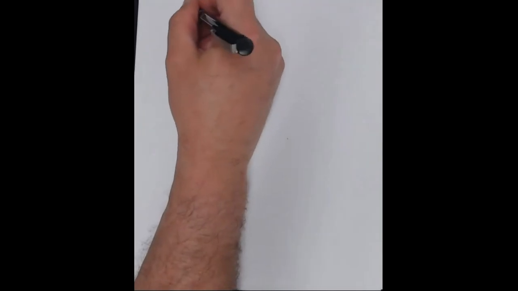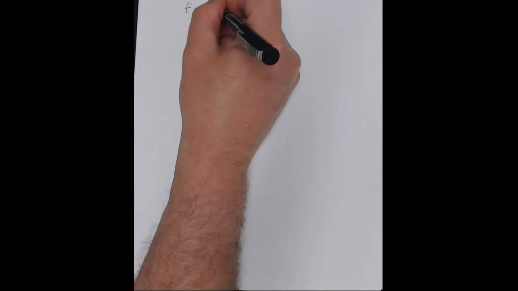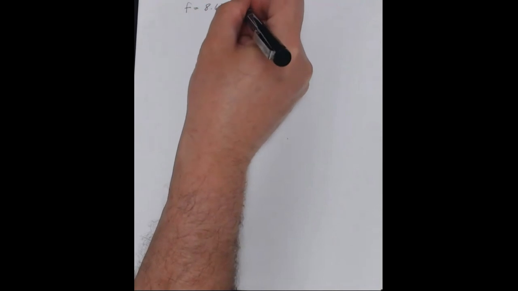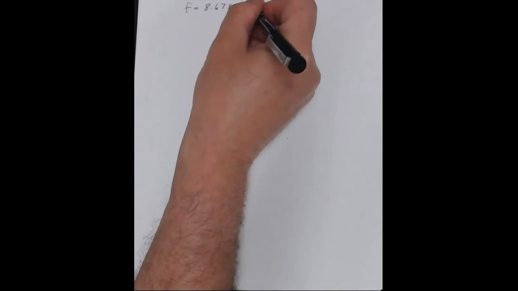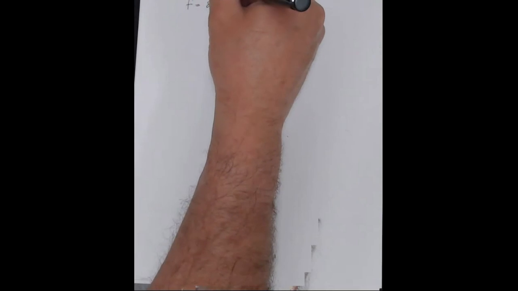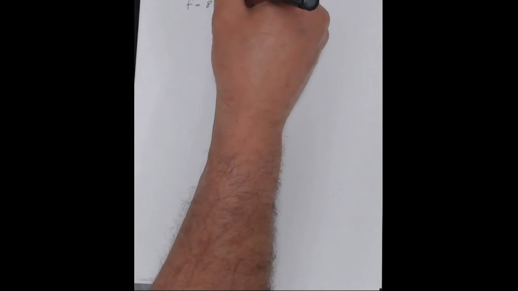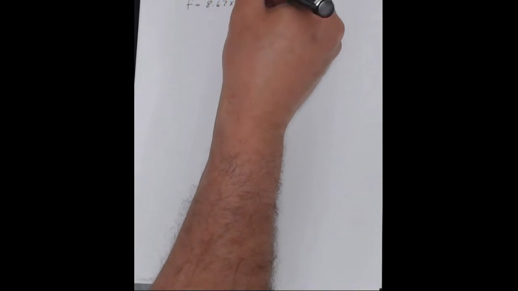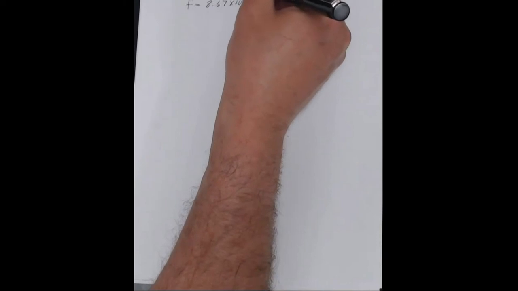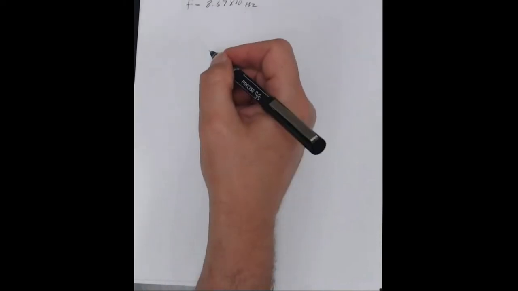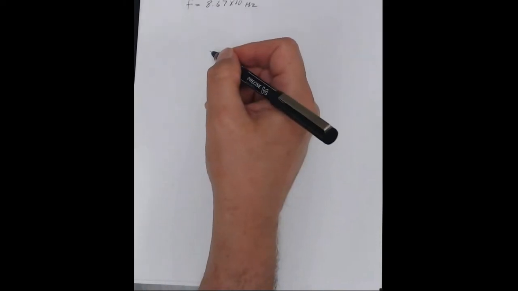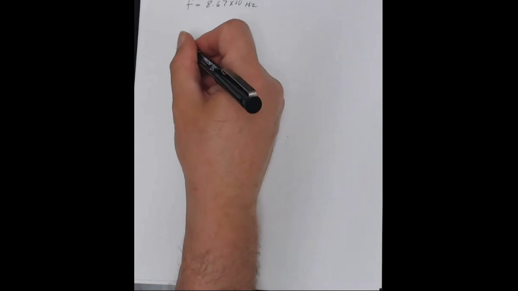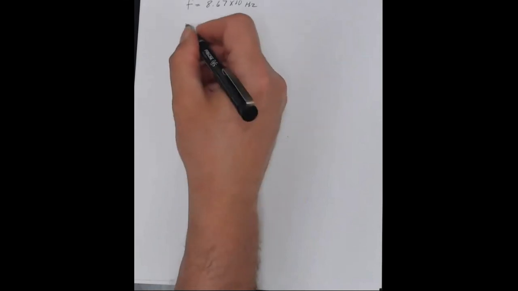So we have our fundamental frequency, I said, was about 8.67 times 10 to the 13 hertz. And that's equal, since f is 1 over 2π, square root of k over μ. So we need μ, the reduced mass for our hydrogen chloride.